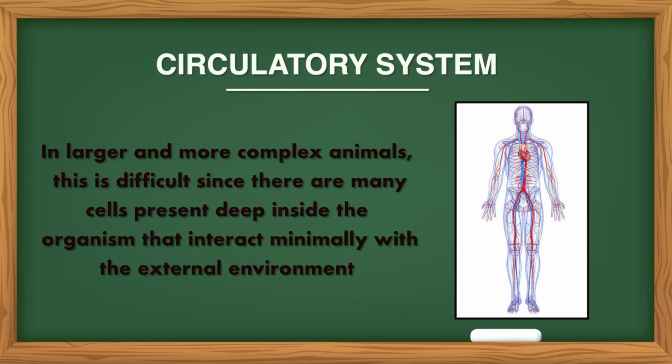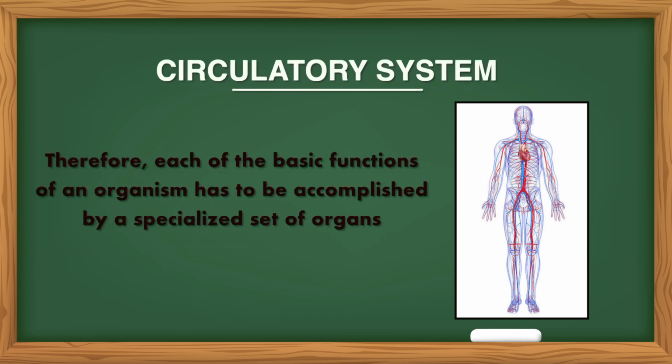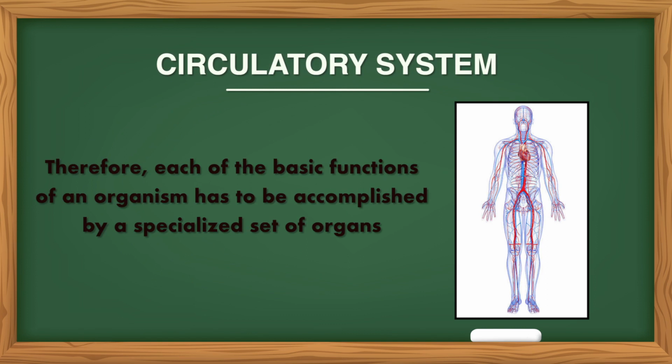In larger and more complex animals, this is much more difficult since there are many cells present deep inside the organism that interact minimally with the external environment. Therefore, each of the basic functions of an organism has to be accomplished by a specialized set of organs.